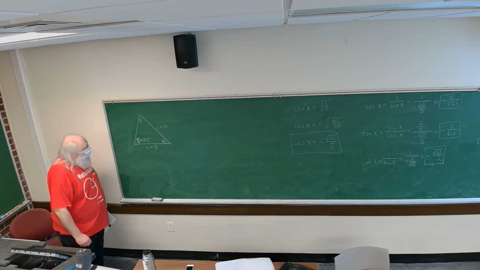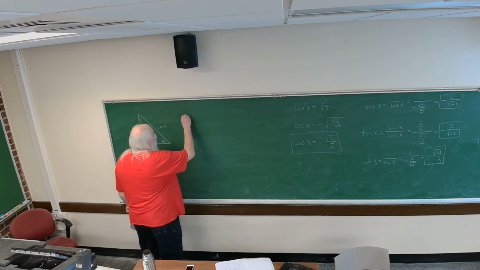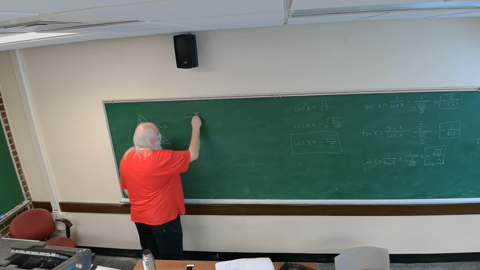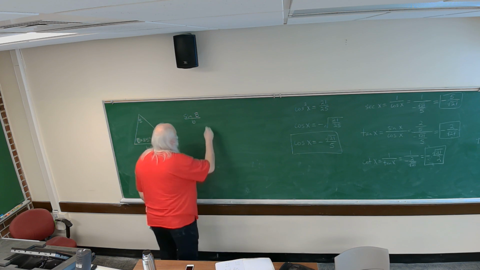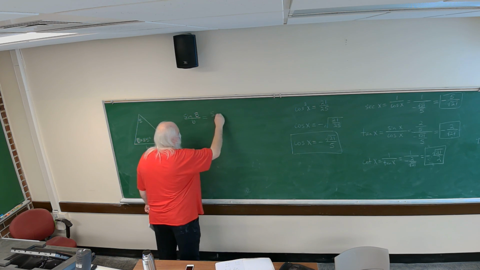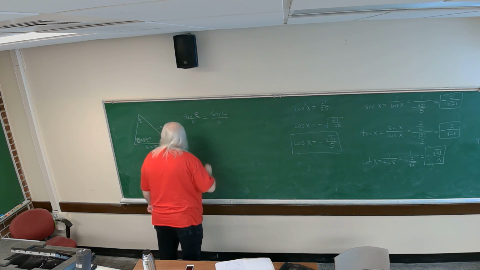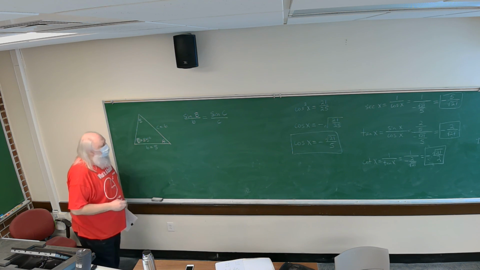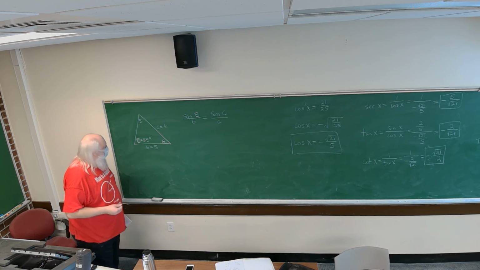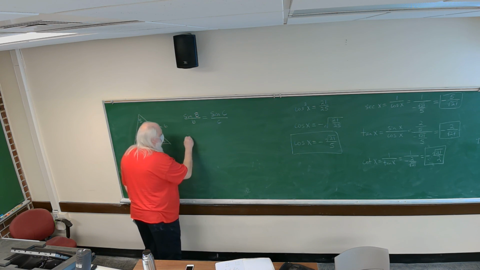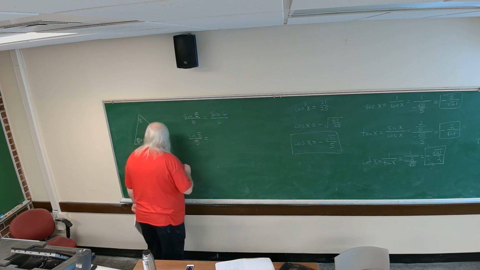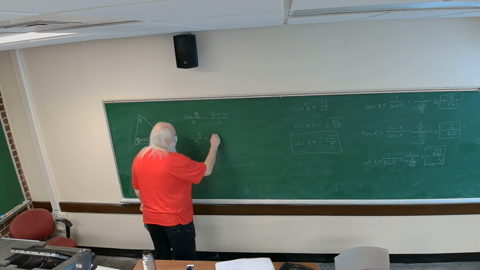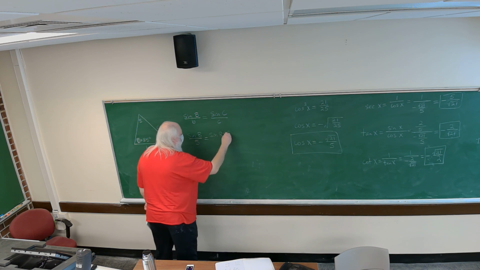So the law of sines says the sine of angle B divided by the length opposite angle B is equal to the sine of angle C divided by the length opposite angle C. So little b in this case is 5, angle C is 85 degrees, and little c is 6.